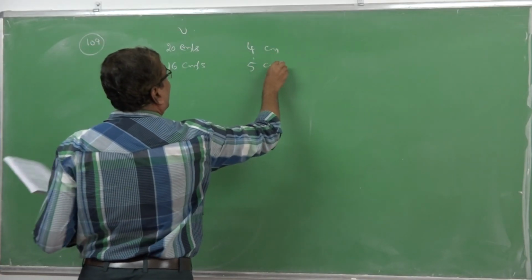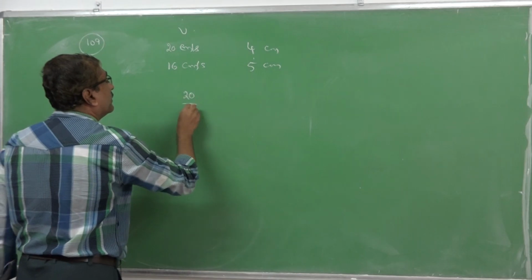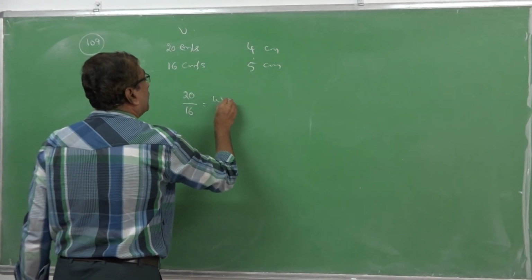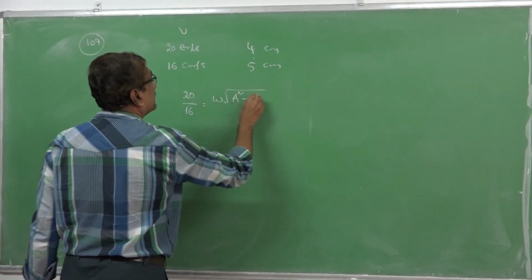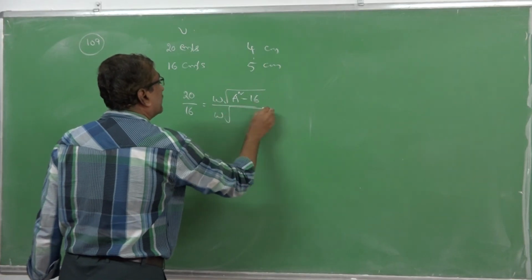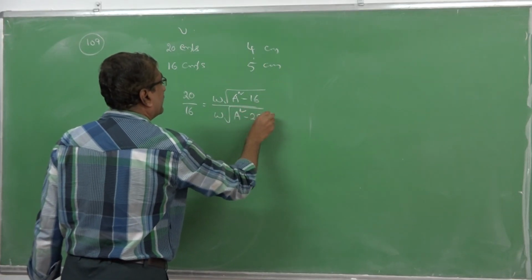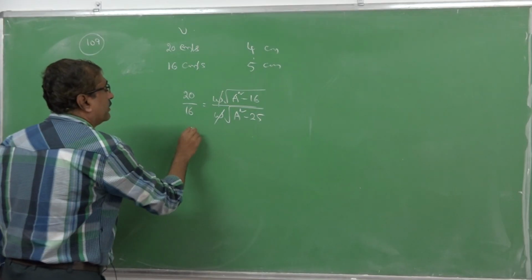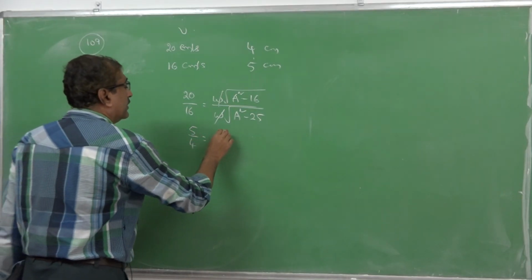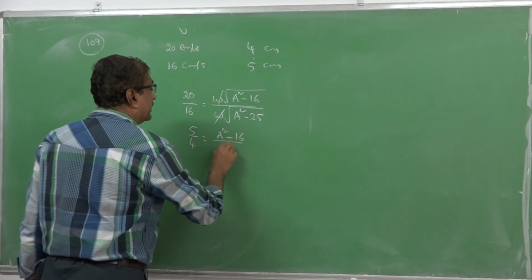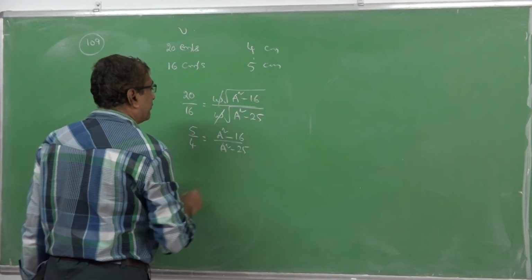Now writing this, 20 by 16 is equal to omega square root of a square minus 16 by omega square root of a square minus 25. Cancelling omega, 5 by 4 is equal to square root of a square minus 16 by a square minus 25.